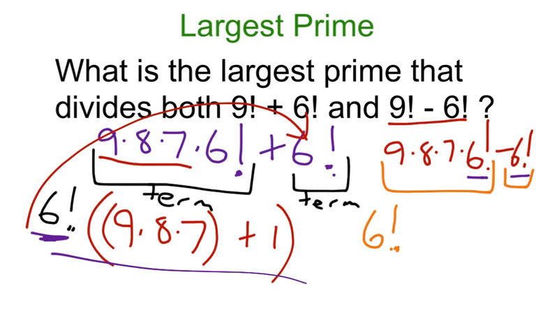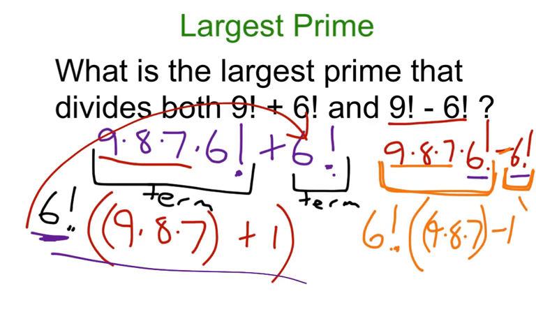And 6 factorial times what gives us the first term? Well, what remains: 9 times 8 times 7. I put that on the inside. And 6 factorial times what gives us the second term? Well, if you multiply 6 factorial by 1, you get 6 factorial. So it's 1, and that's a negative there, so it's a minus 1.